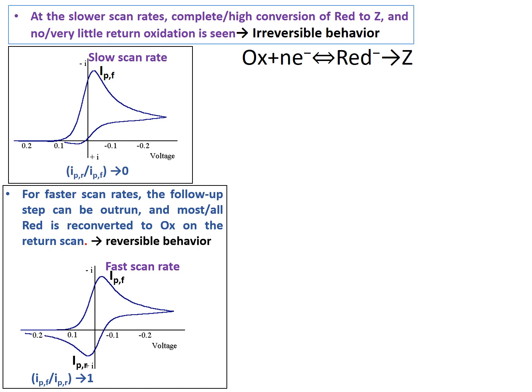You can expect a completely reversible cyclic voltammetry plot if the value of Kc is too small and the scan rate is a fast scan rate. And as you can see here, in that case the peak current ratio will be 1 and the peak potential separation will be 59 by n millivolt.